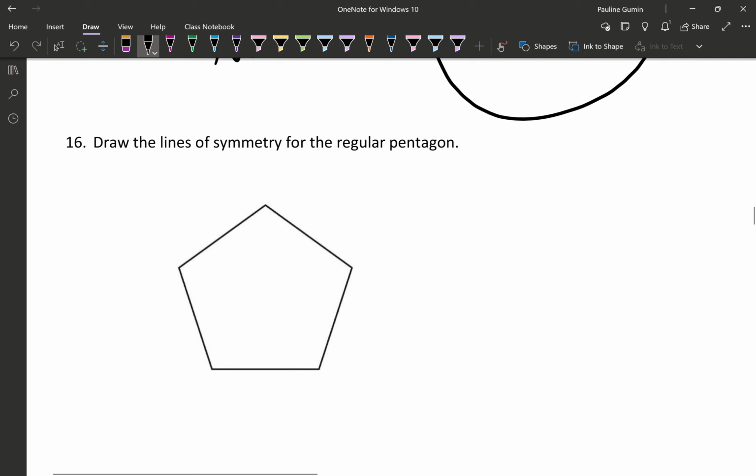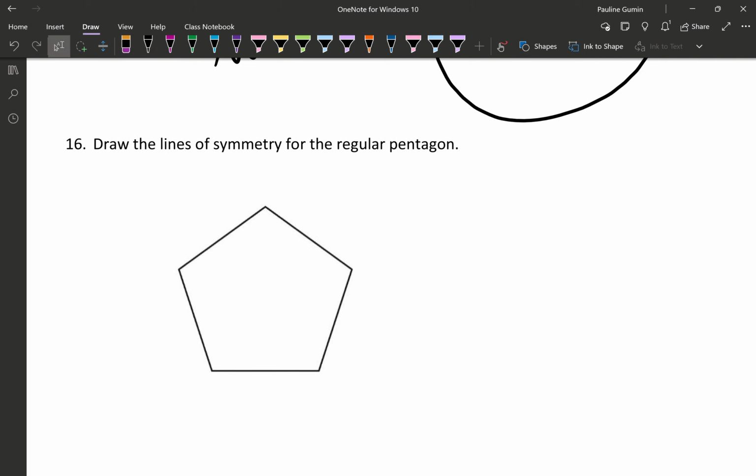Number 16, let's draw the lines of symmetry for this regular pentagon. Lines of symmetry are lines that split an image into perfect mirror halves. So they're exactly the same when we split it in half. Let's start. I got one here.